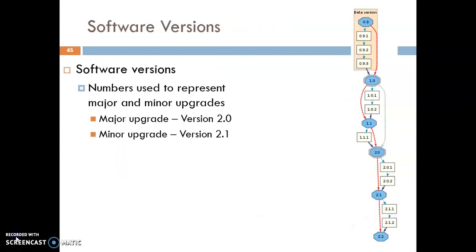Okay, what is a software version? It's a number used to represent major and minor upgrades, such as version 2 or version 2.1. Software developers sometimes change their software program to repair bugs or to add new features or upgrade their software. Generally, they keep the software program name but add a number to it to indicate its different version.